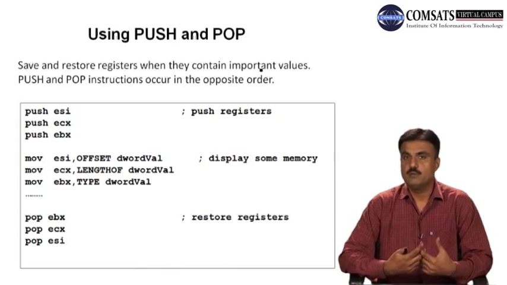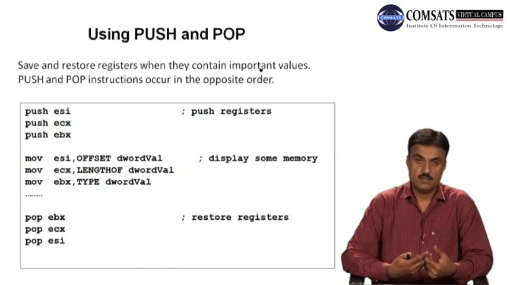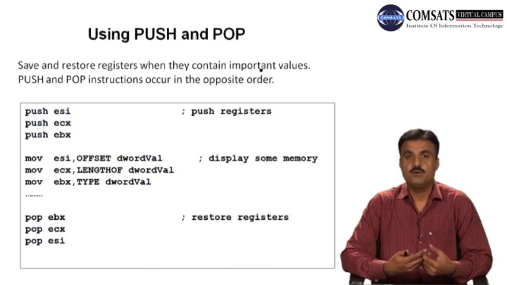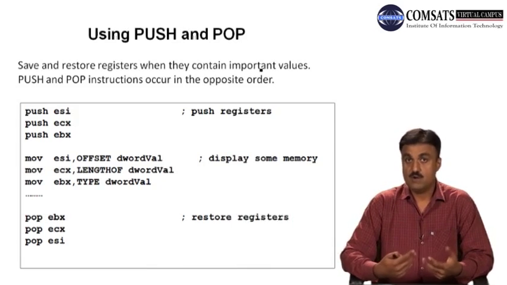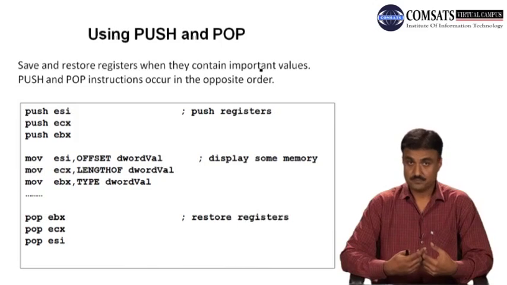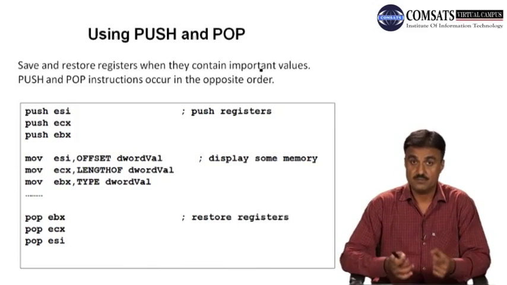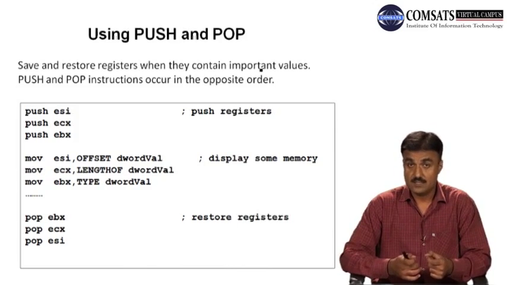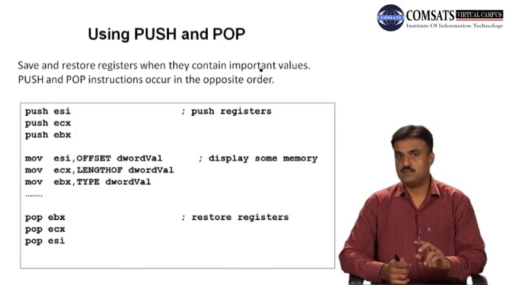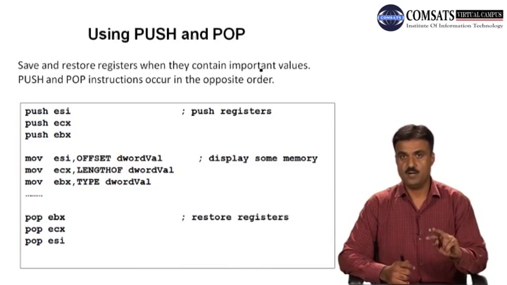So what was the problem? We defined some variables that temporarily hold the value of ECX, the counter for the outer loop, and then we started the inner loop by assigning a new value to ECX, because this same ECX was used for two loops, outer loop and inner loop.